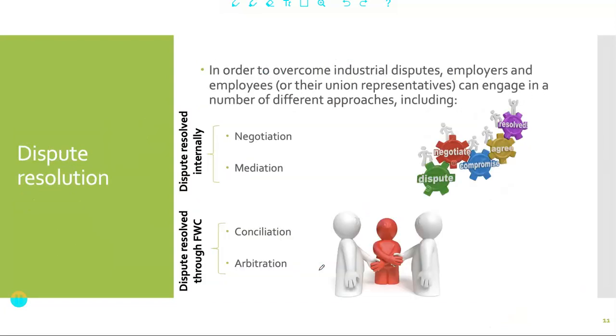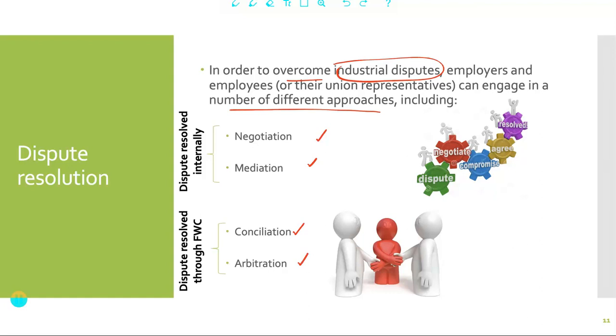Now, when an industrial dispute occurs, it is hopefully going to be overcome. And the parties, the employers and employees, or their union representatives should engage in a number of different approaches. These include negotiation, mediation, conciliation, and arbitration.